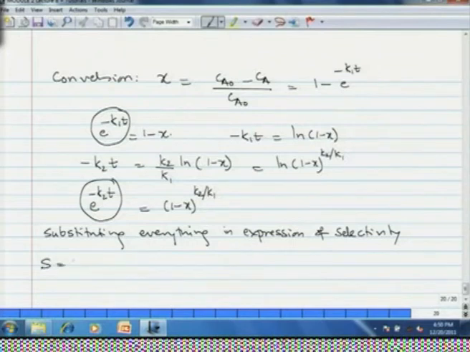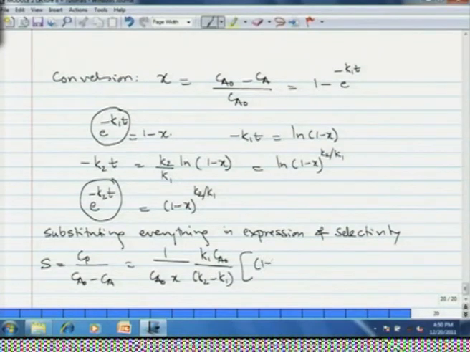S is equal to Cr divided by Ca naught minus Ca, which is equal to 1 divided by Ca naught into 1 by x into k1 Ca naught divided by k2 minus k1 into 1 minus x minus 1 minus x raised to k2 by k1.